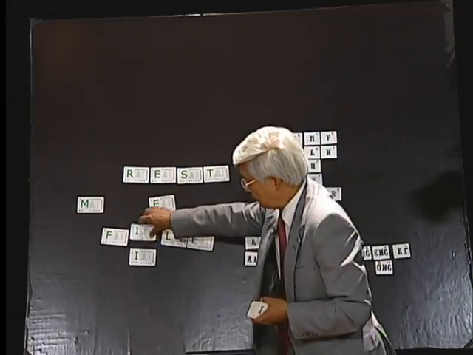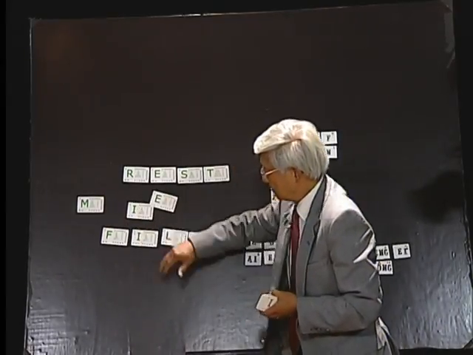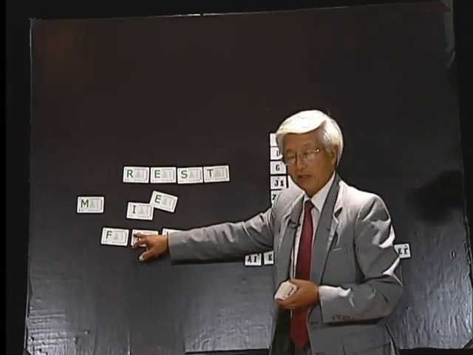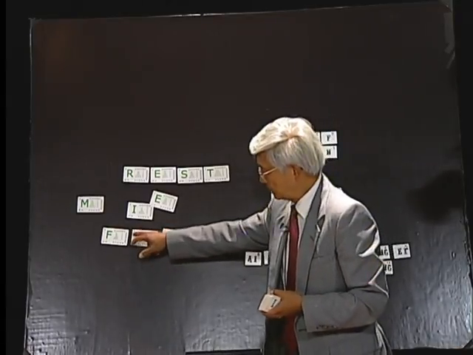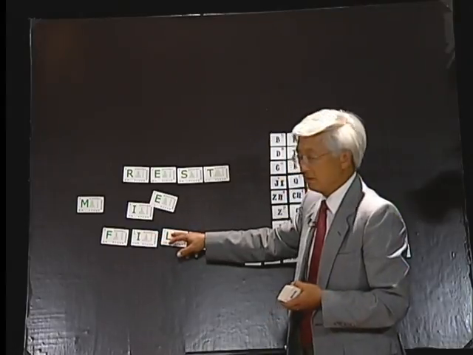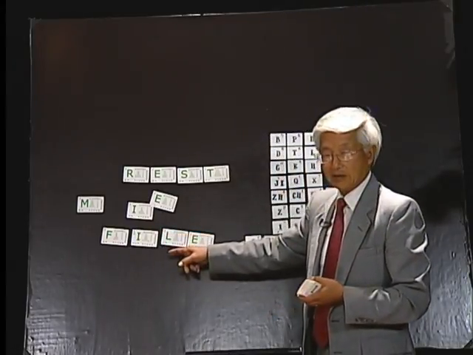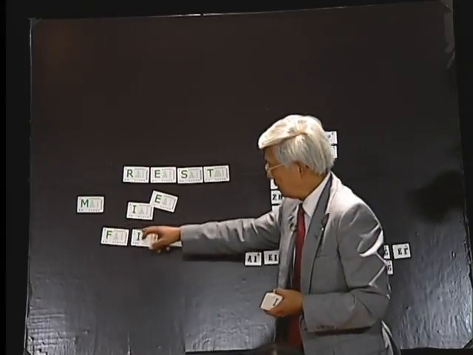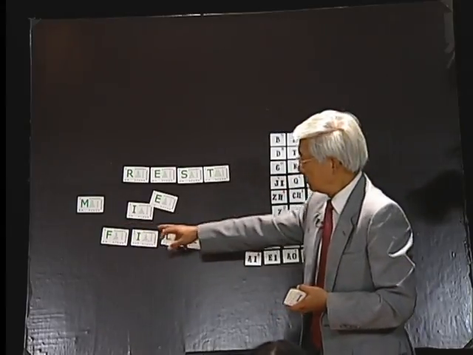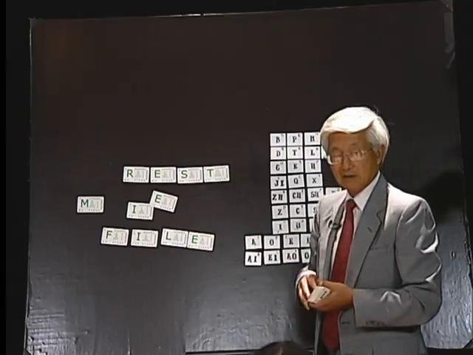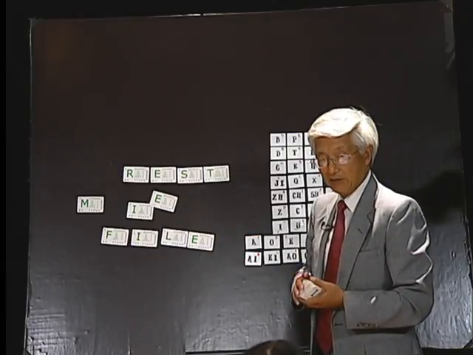R means right side. 2 times right side is your bonus. So 2 times 3 is 6 points. 6 points added into this file, which is 11. 6 plus 11, how many points? 17. So you now have a bonus, you get 17.